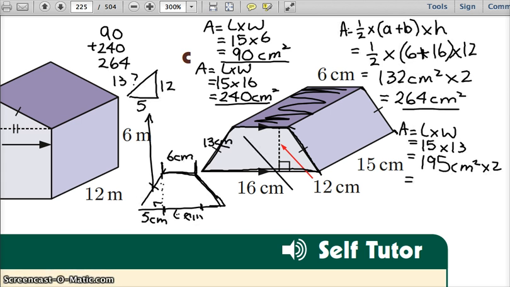So once we have 195 times 2, that gives us 390 centimetres squared. I think that's about it. We add 390 to that. That's our total. Gives us 390 plus 240 plus 2.